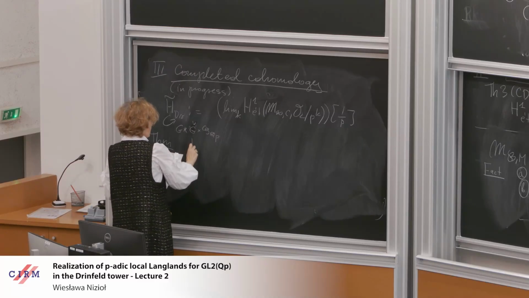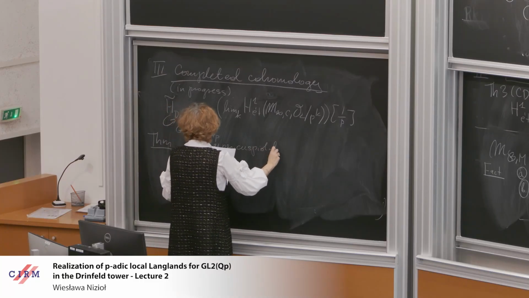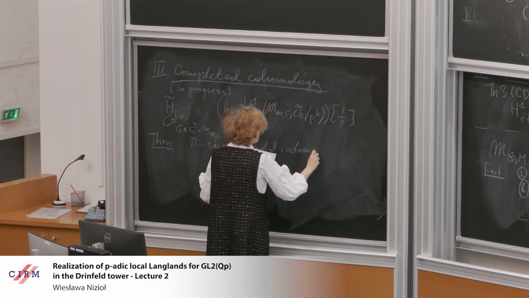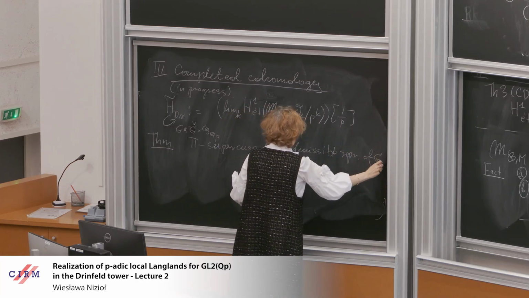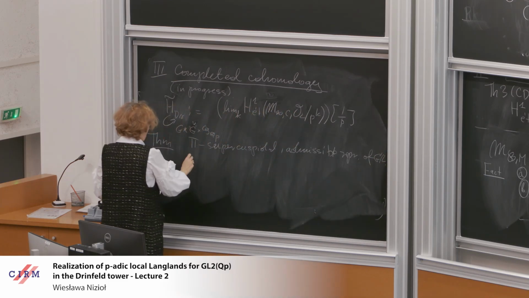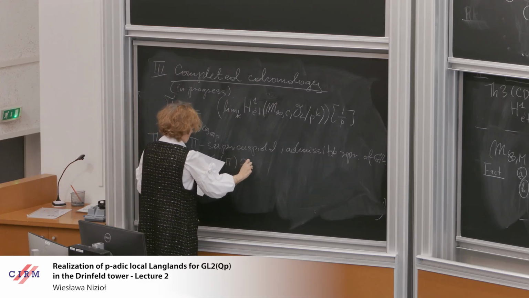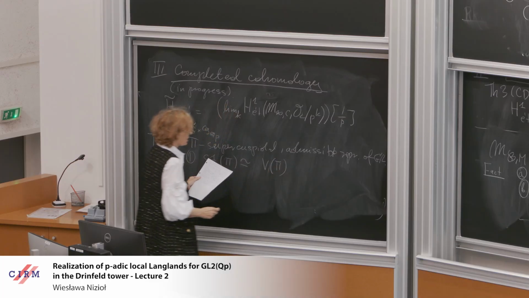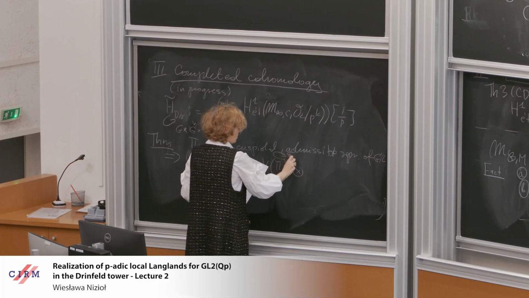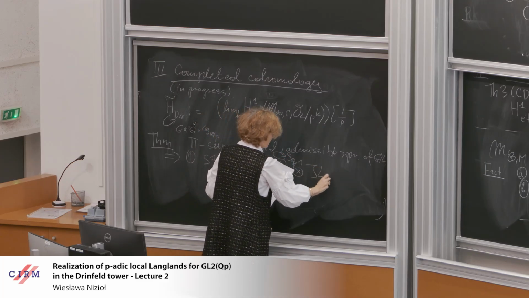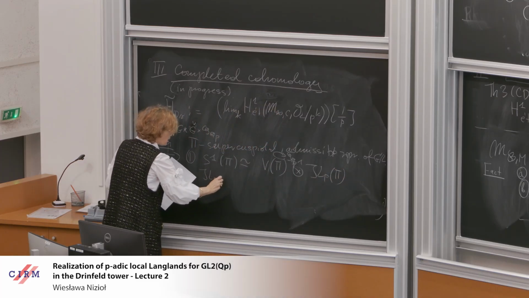So pi supercuspidal, admissible representation of G over L. So then the Scholze functor is going to split as the V of pi, so that's Colmez's functor, and so that's Galois representation, and the Jacquet-Langlands of pi, Jacquet-Langlands at p of pi.